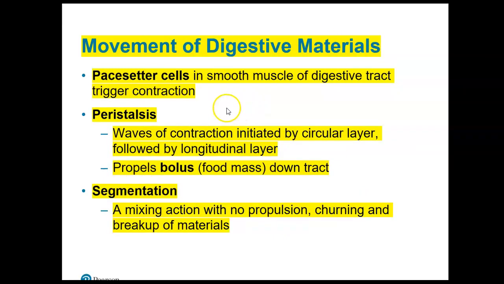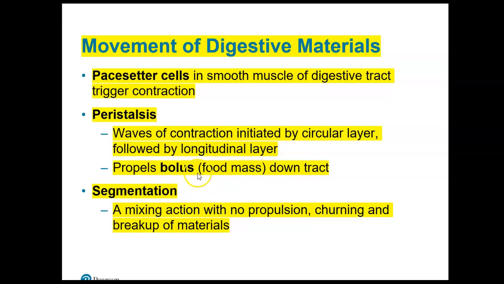As far as movement of the digestive materials, kind of sort of like the heart, there are some pacesetter cells in the smooth muscle that trigger contraction. And then peristalsis is the wave-like contractions. They're initiated by the circular layer of smooth muscle, followed by the longitudinal layer. So the smooth muscle that lines our GI tract causes peristalsis that propels the bolus of food down the GI tract.